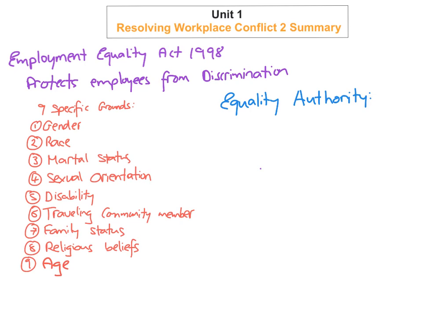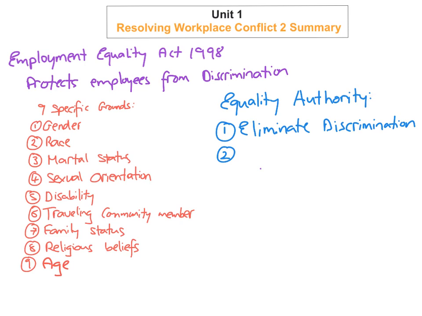There are a few different things that the Equality Authority do. The first one is that they eliminate discrimination in employment.